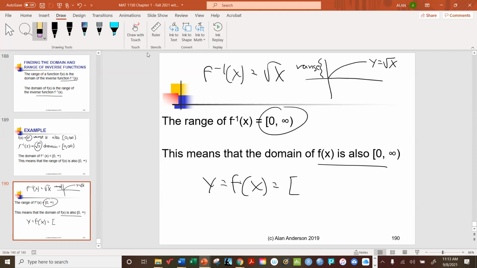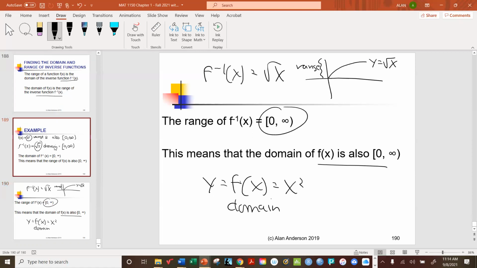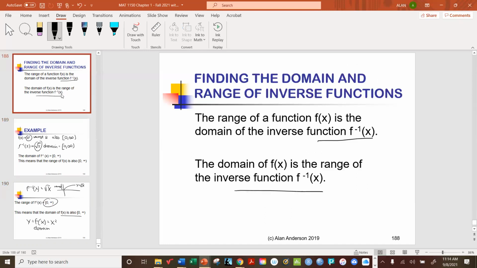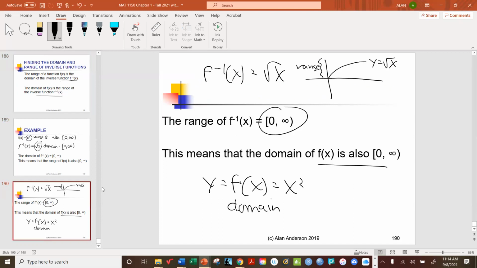So remember, because this was x squared, it stands to reason that the domain would have to be 0, infinity.